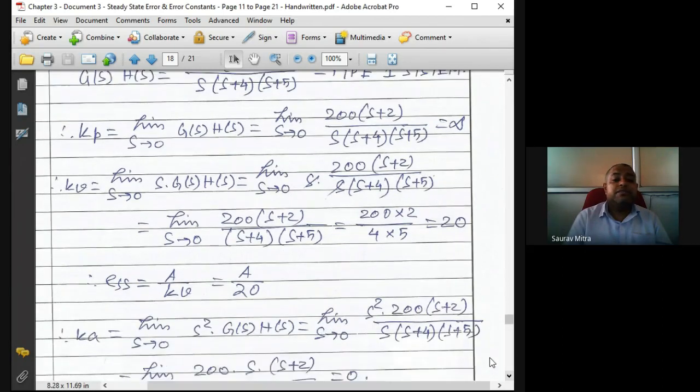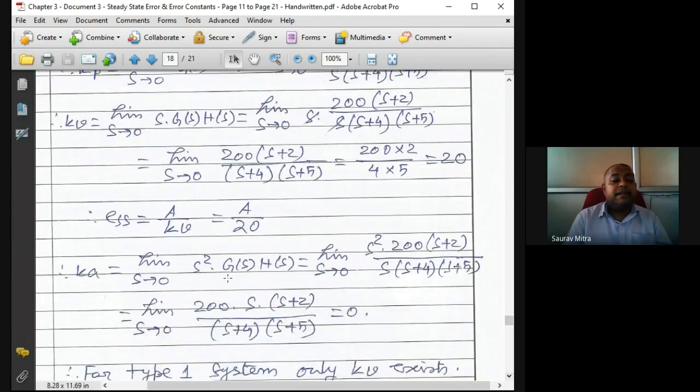If it is a ramp input, the steady state error can be found by A divided by Kv, where A is the slope of the ramp input. If it is a unit ramp, A will be equal to 1, so the steady state error will be 1 divided by 20, where this 20 is nothing but Kv, the velocity error constant.